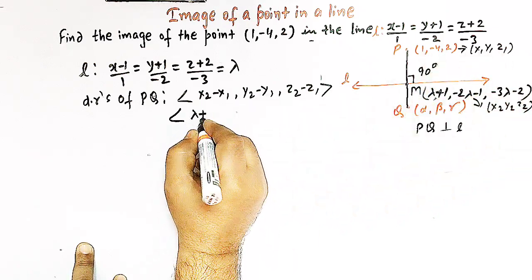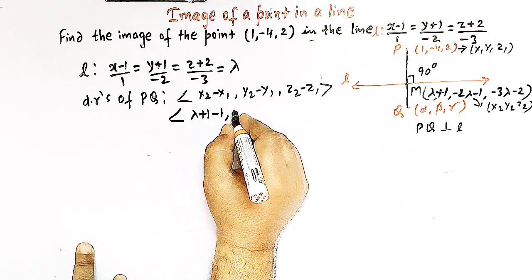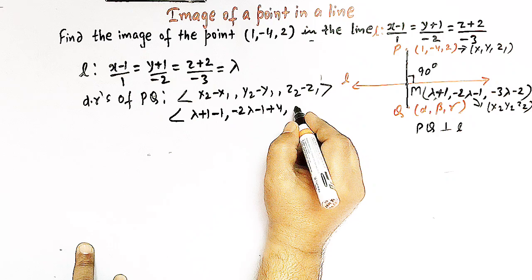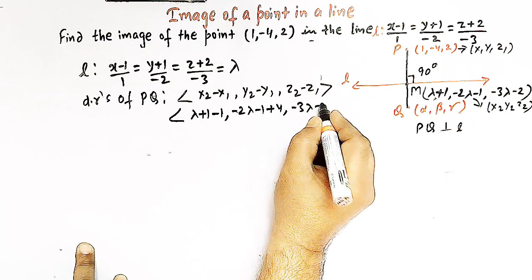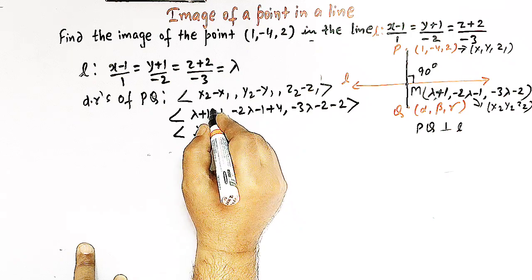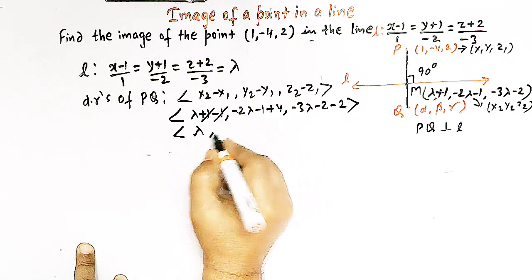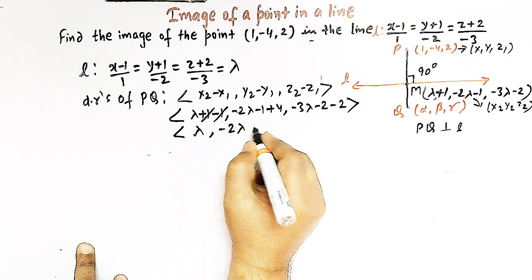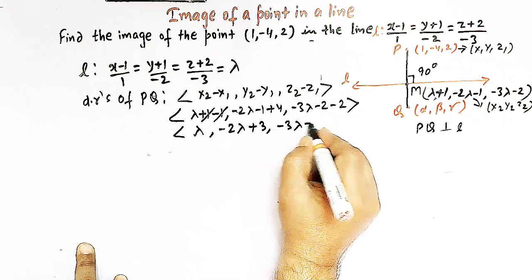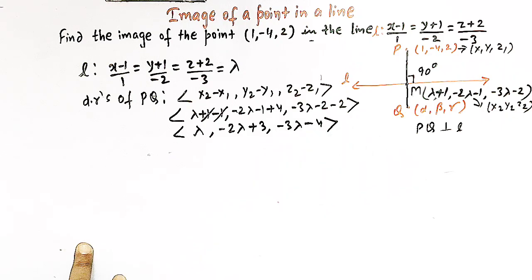So we have lambda plus 1 minus 1, minus 2 lambda minus 1 plus 4, and then minus 3 lambda minus 2 minus 2. So we have lambda, and then we have here minus 2 lambda plus 3, and here we have minus 3 lambda minus 4, right?